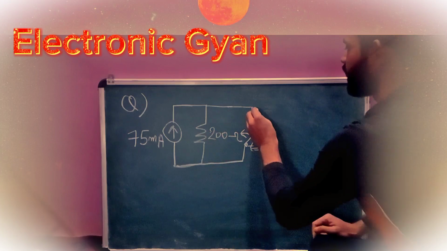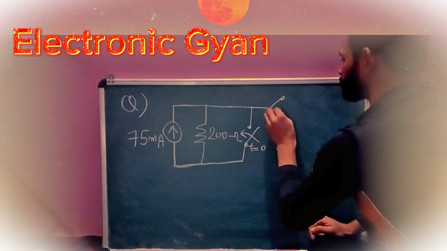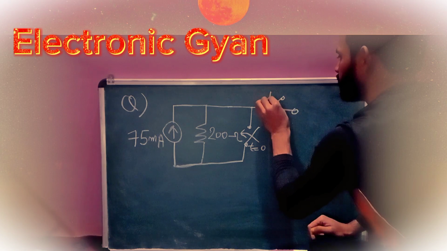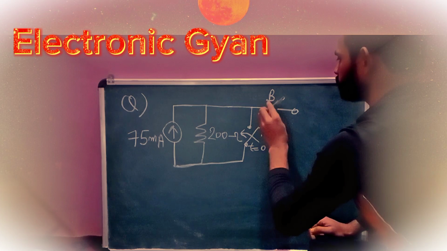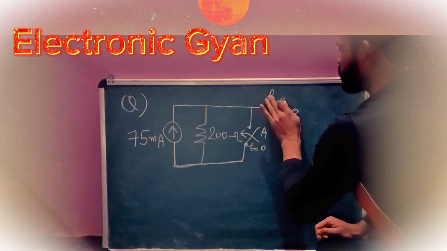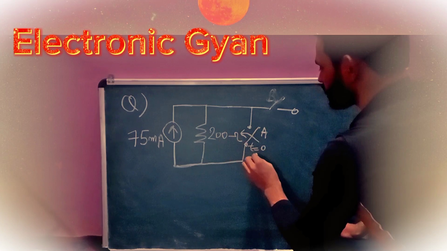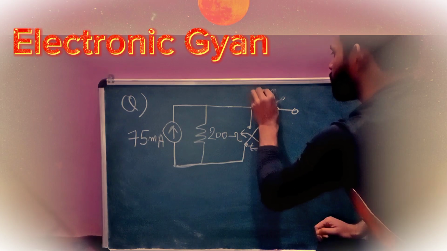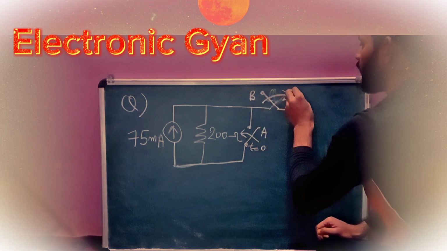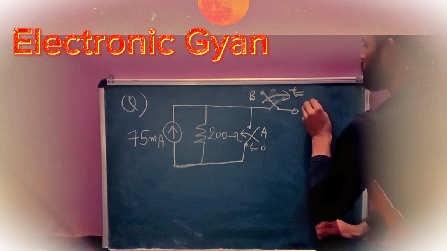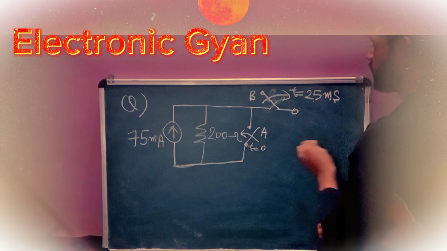This switch will close at t equal to 0, and here is another switch, which is switch B. This switch will open at time t equal to 25 millisecond.